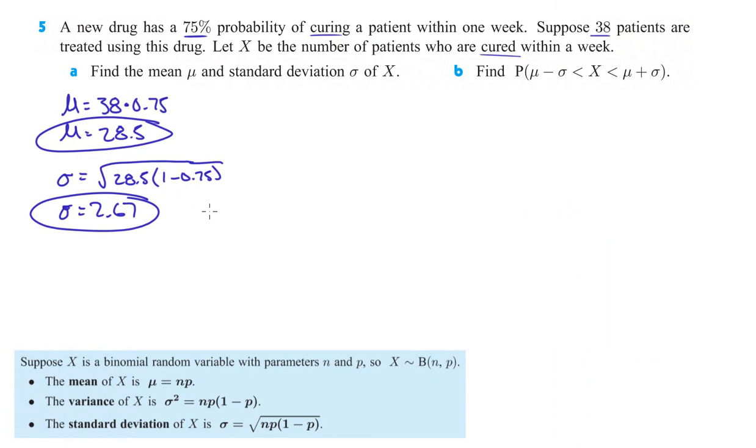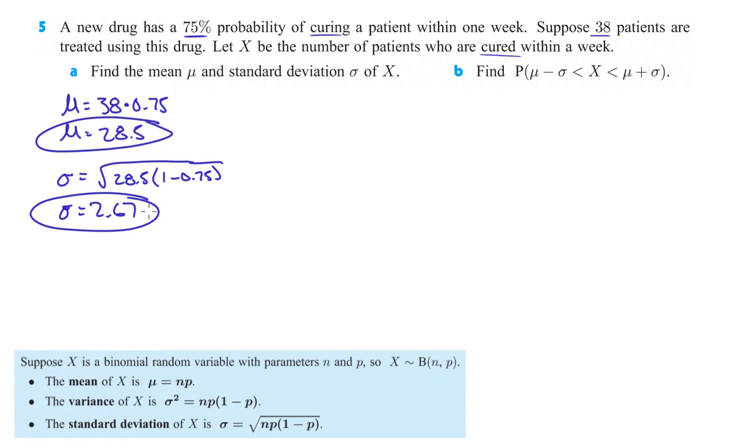Okay. And just so you remember, the standard deviation is basically on average how far away one of your patients will be from the mean. On average, they'll be 2.67 away from the mean, which is 28.5.